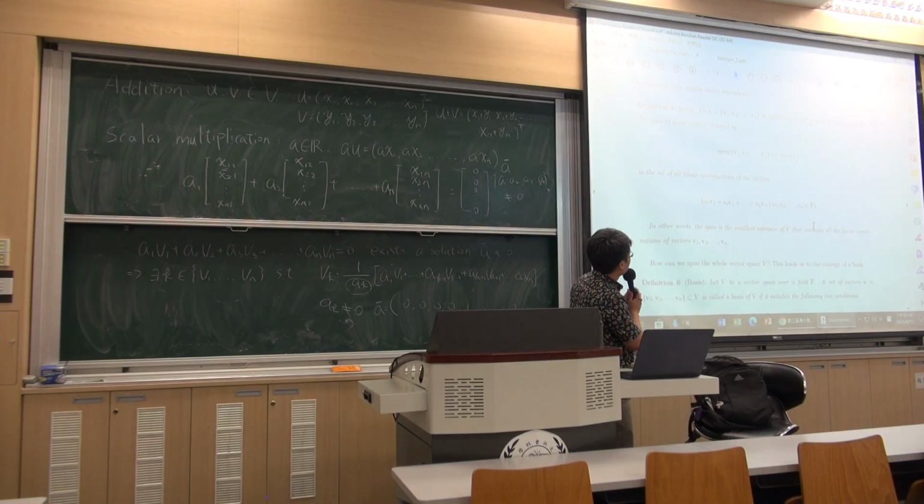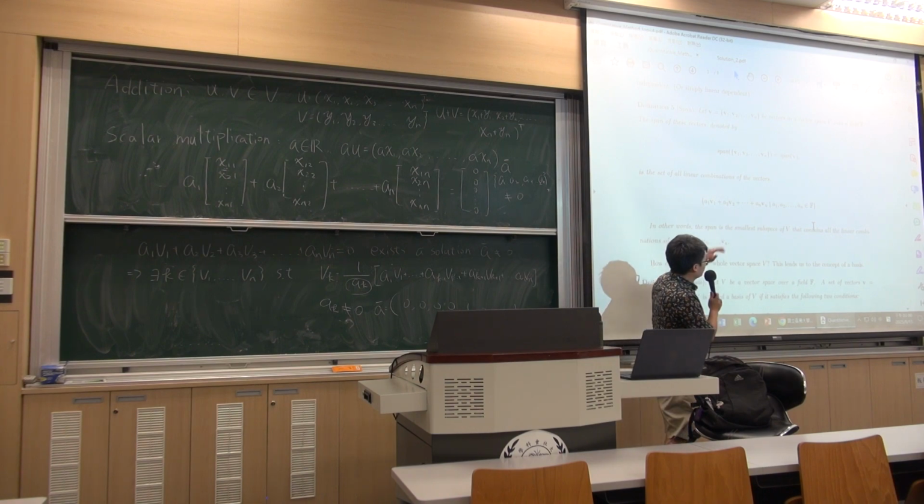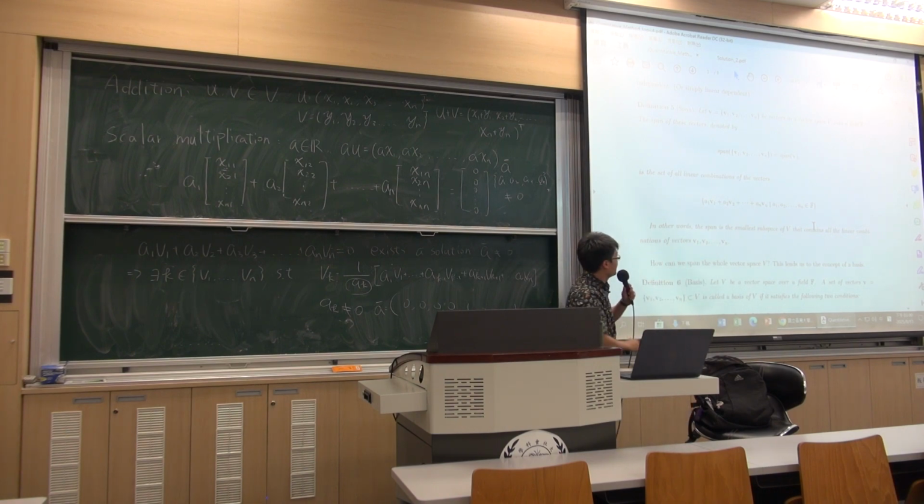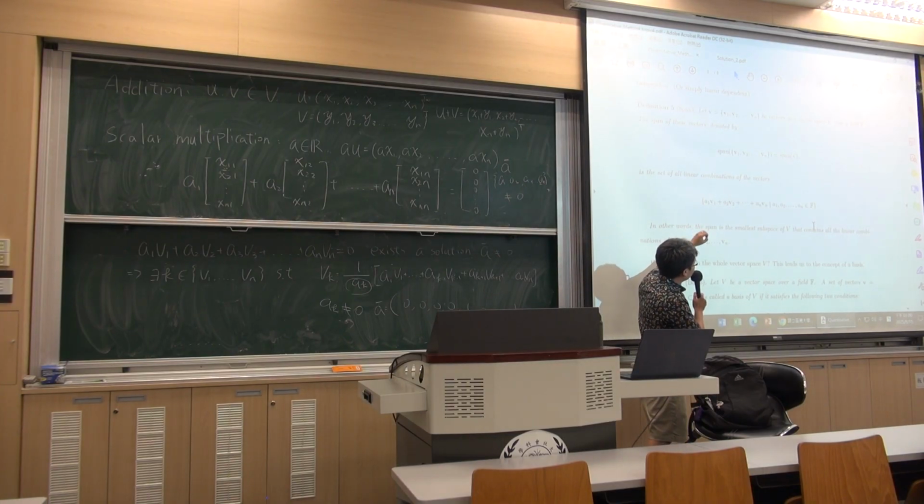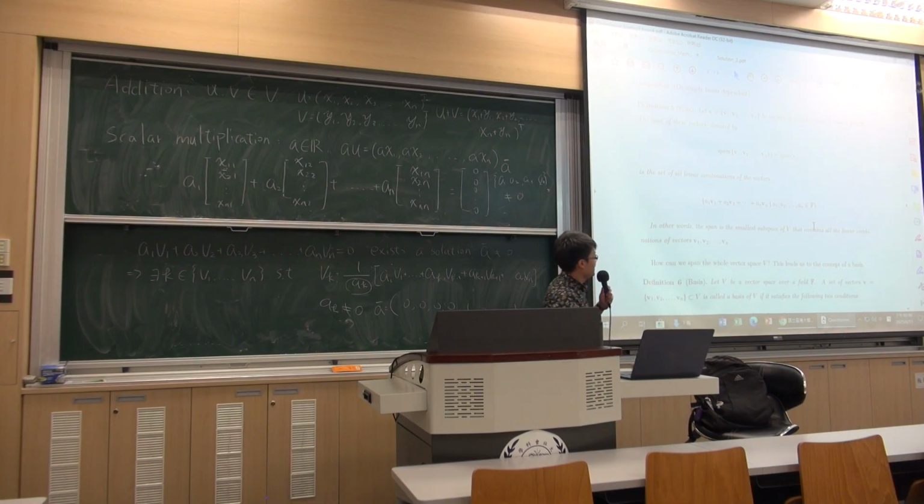Okay. And of course, you can put all 0 there, so you will get the zero vector in that span as well, and it is actually a subspace as well. It satisfies the subspace conditions.